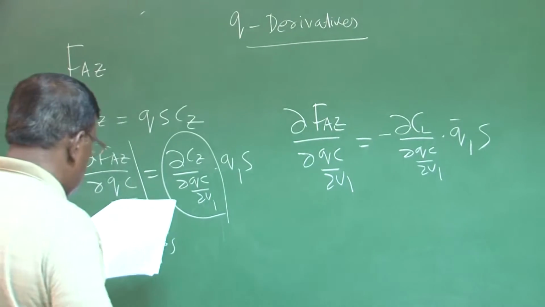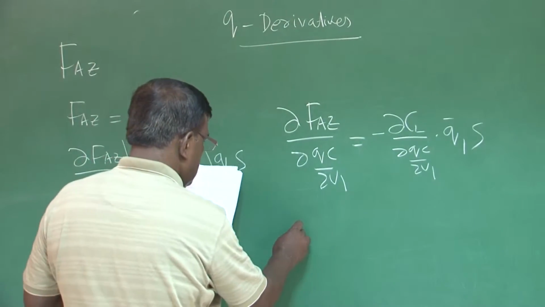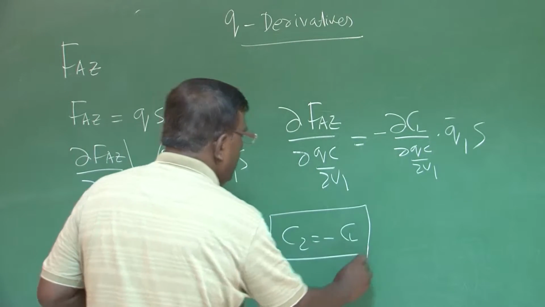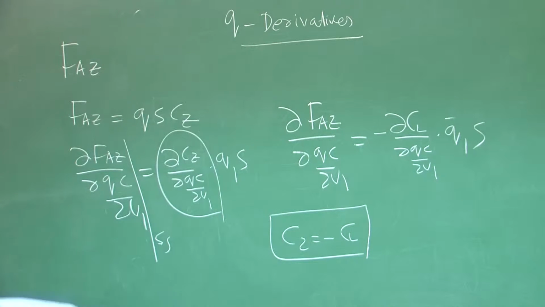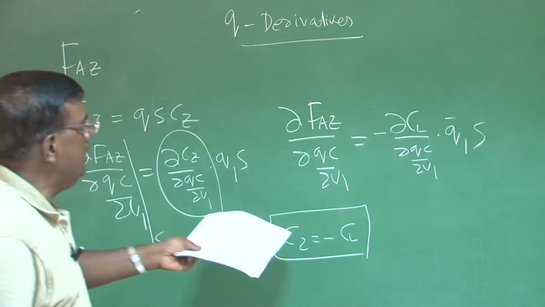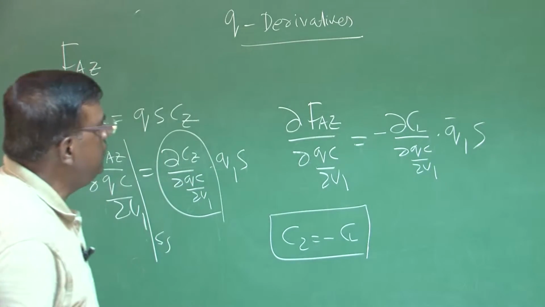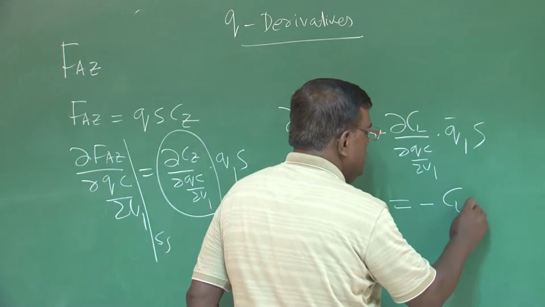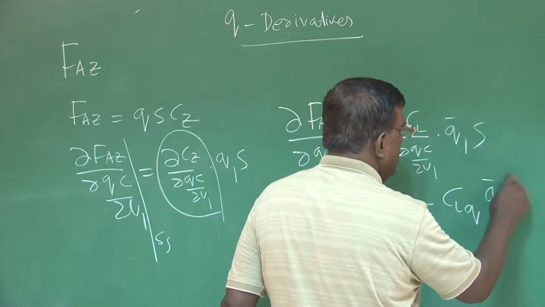Because I know it is a fair enough assumption, CZ equal to minus CL, when we are talking about small perturbation. So, dCZ by d(QC/2U1) is minus dCL by d(QC/2U1), or by notation this is written as minus CLQ, then Q1 S.